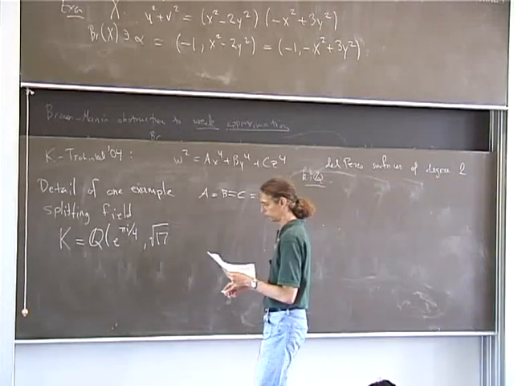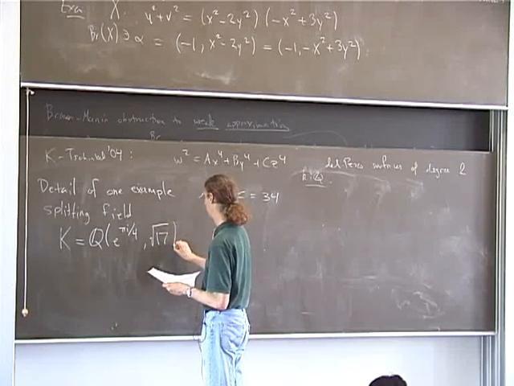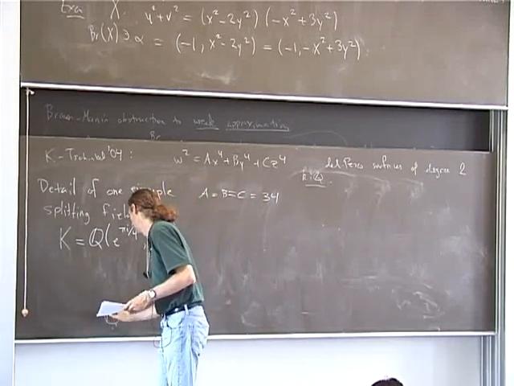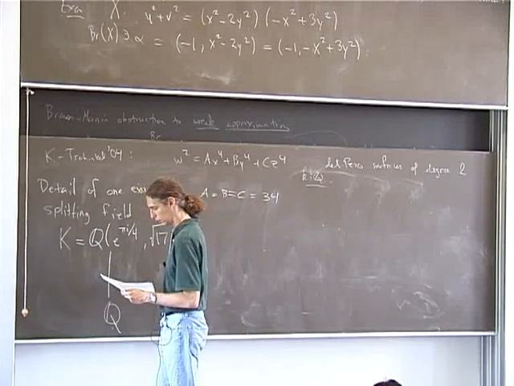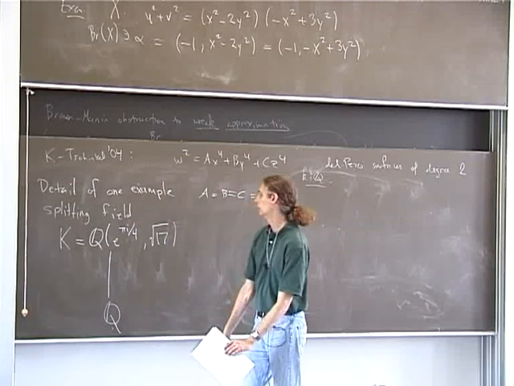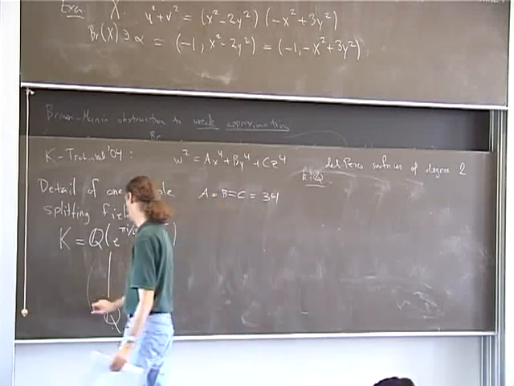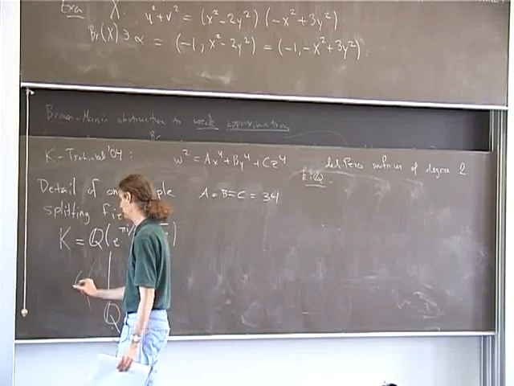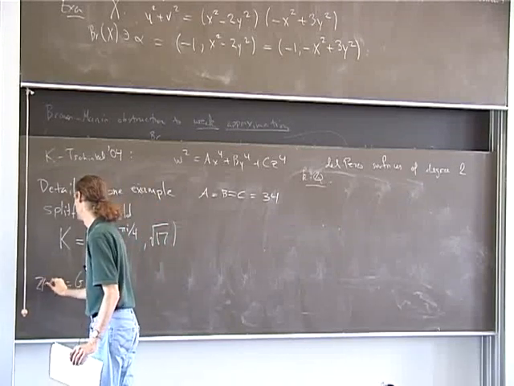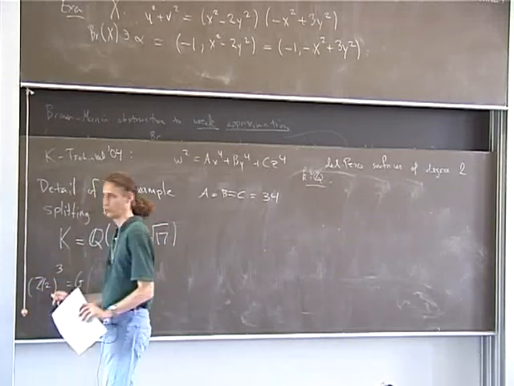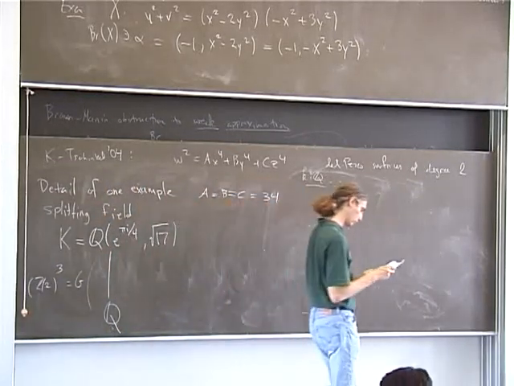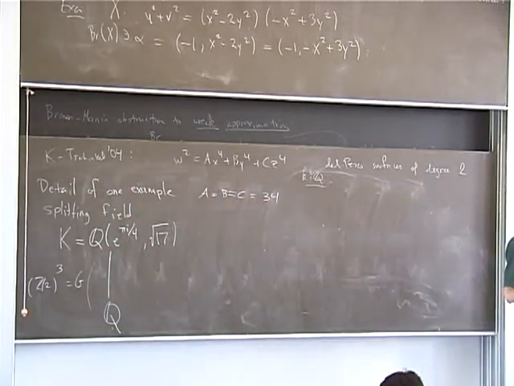You only need the square root of 17. And so this is a degree 8 extension, with Galois group 3 copies of Z mod 2.